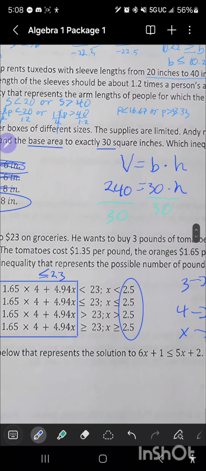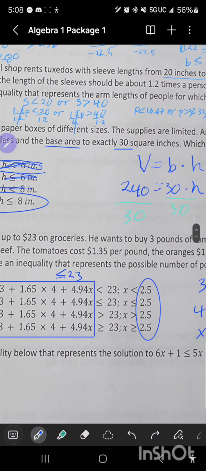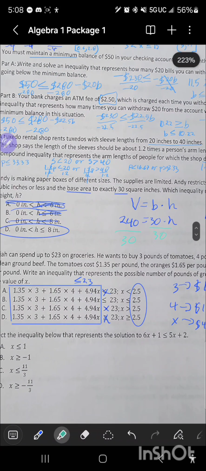The only thing that changes are these signs here and here. Since the beginning, I saw that it could be up to 23, so it could be less than or equal to 23. And as I see here, this is greater, which definitely no. And this is only less, so it does not include the 23. So this is not. So our answer must be B.